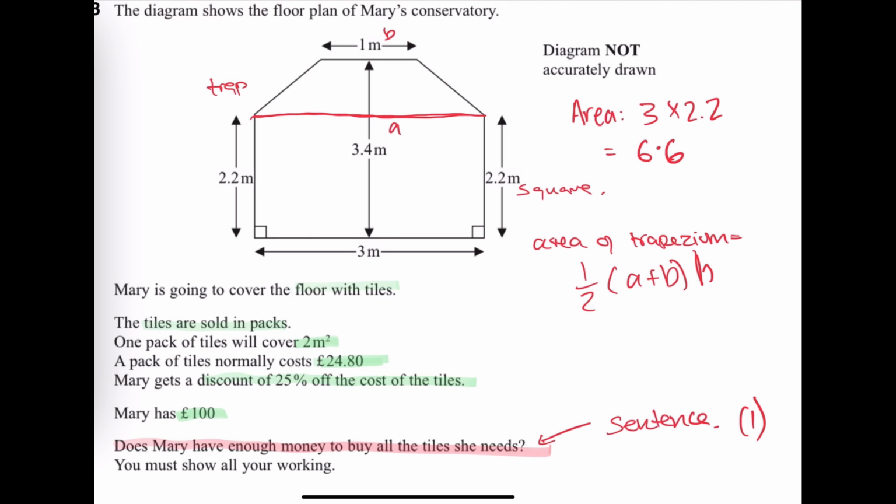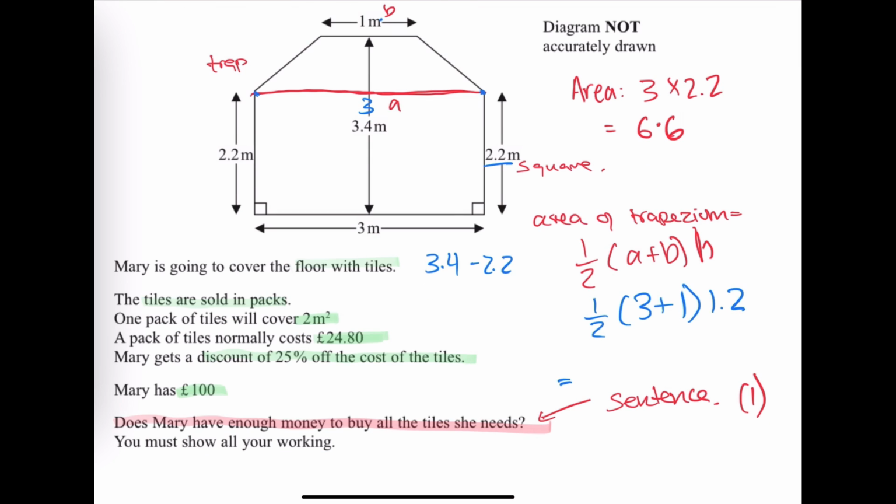So let's just input the numbers that we have in. We have half, we have a and b, so this is the exact same as this over here. So it's 3 plus 1, that's b. And the height will just be 3.4 minus 2.2, that is 1.2.